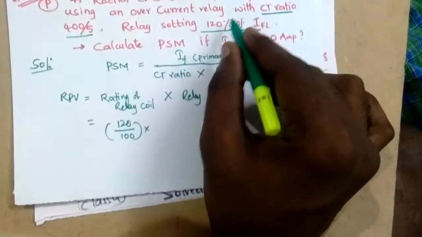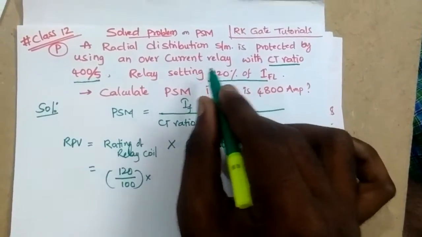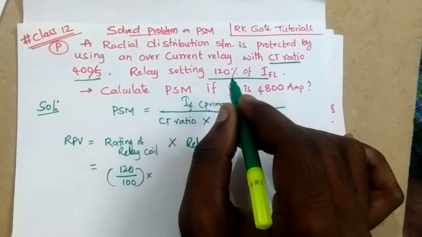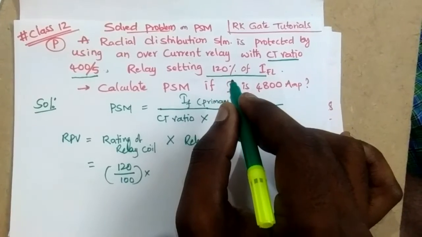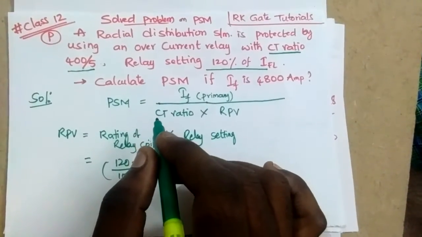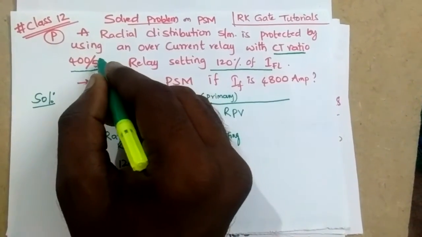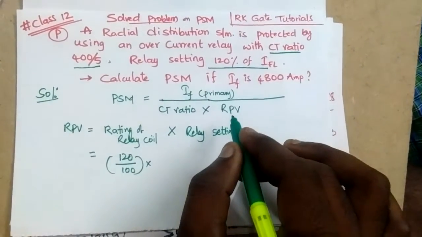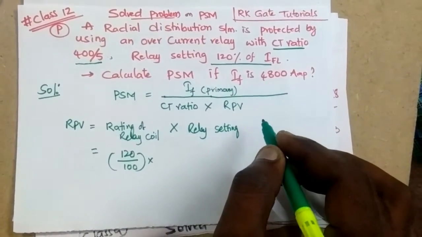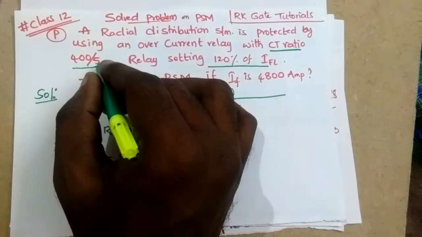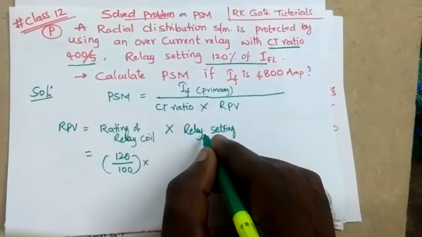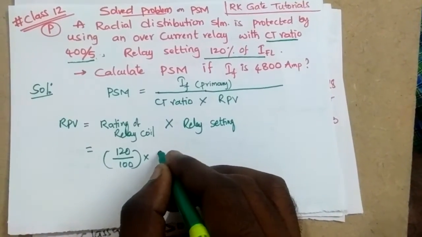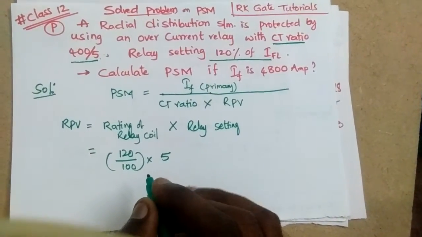Here, anywhere in the question the rating of the relay coil is not given, but in the previous class I have already explained that if the rating of the relay coil is not mentioned in the question, then simply we can take the secondary of the CT, because to the secondary of the CT only the relay coil is connected. So here you can take the rating of the relay coil as 5 amps.